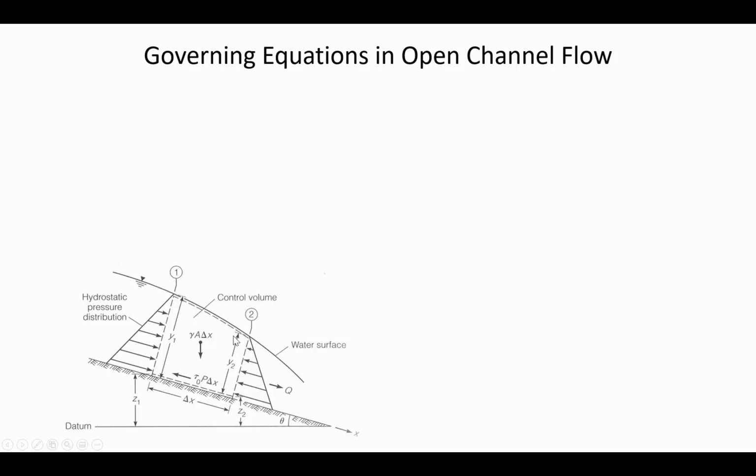So what we're going to do is a force balance. Consider all of the forces that apply to some element of water. So the water inside the dashed lines, let's look at what's happening with that system. The weight of the water is acting downward. The weight of the water will be the unit weight, which would be newtons per cubic meter, times the area.